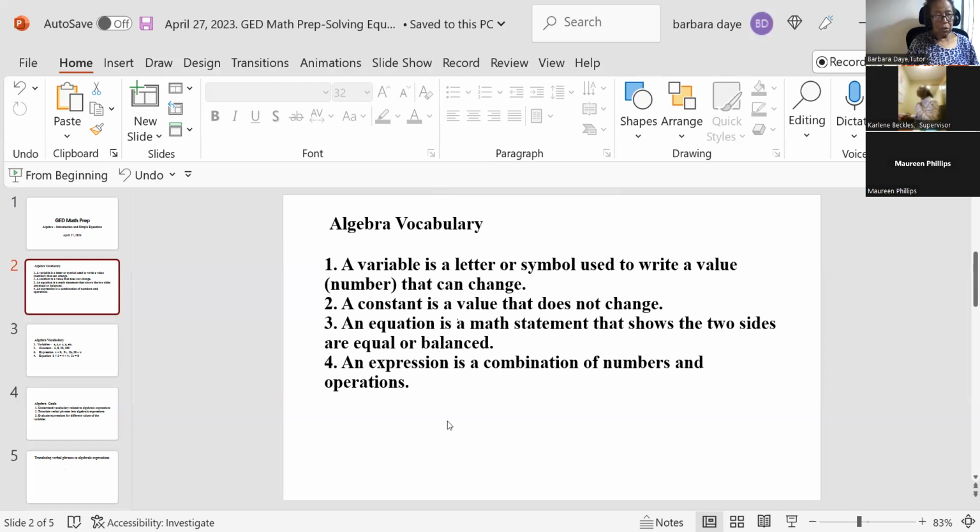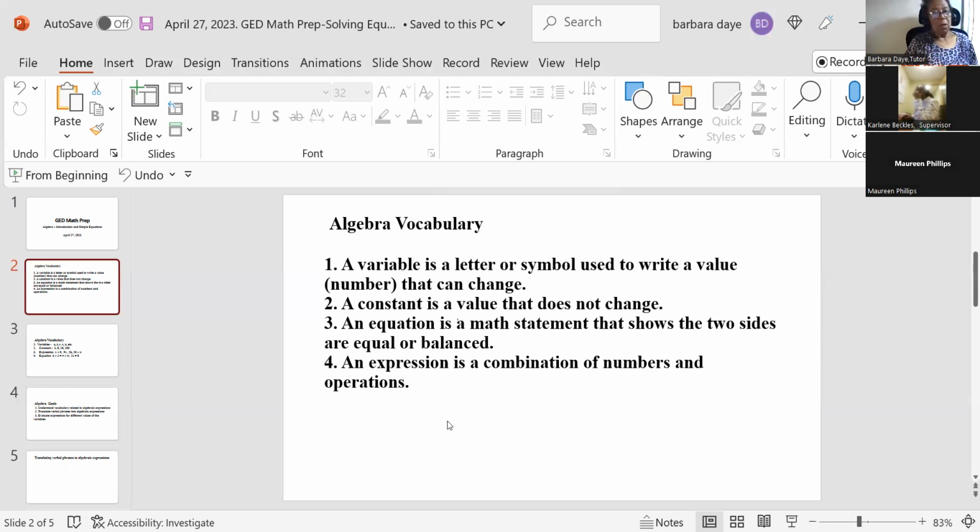So variables are any letter from A to Z, all right? Letter or symbol, because sometimes you can use a variable that's not a letter. We will stay with letters, but you can use other symbols.